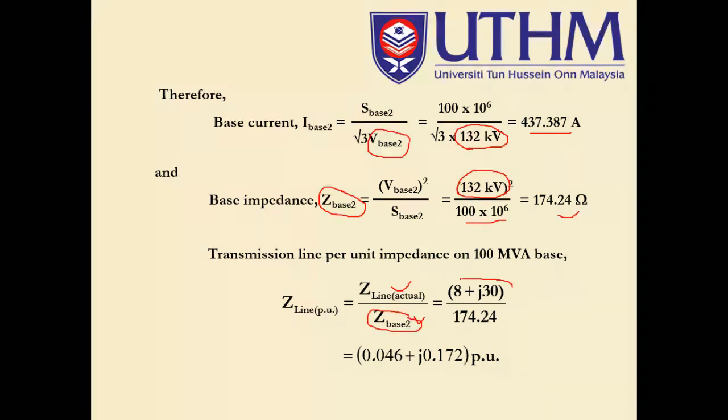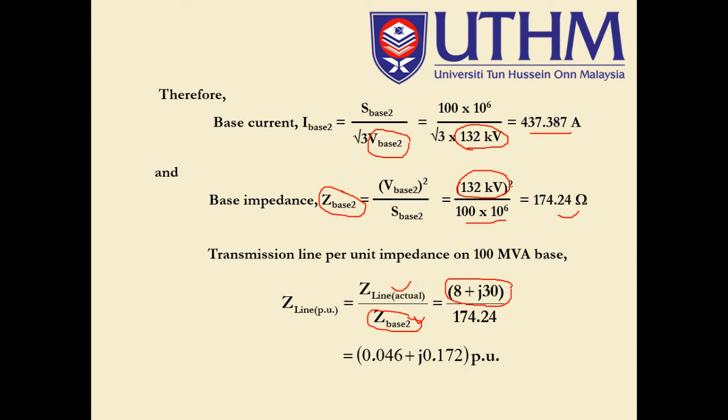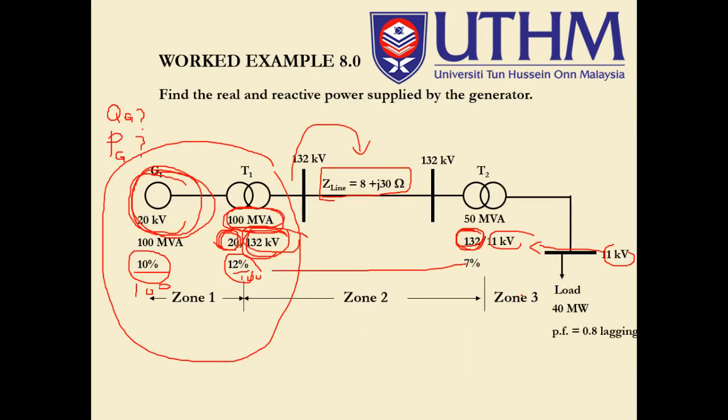The actual value is directly taken from the question, and then we divide by Z base 2, which we just calculated. If you can cross-check, here is the value of Z line actual.